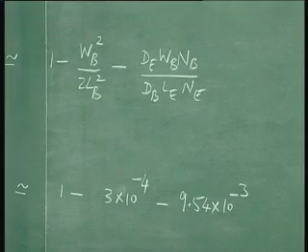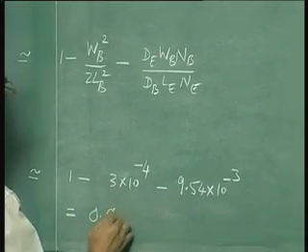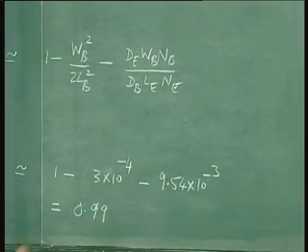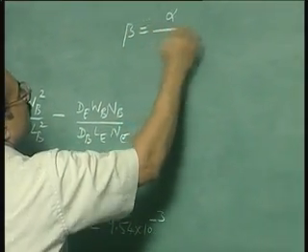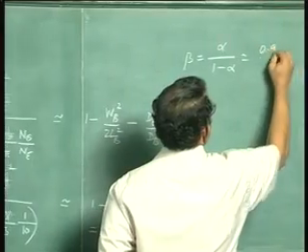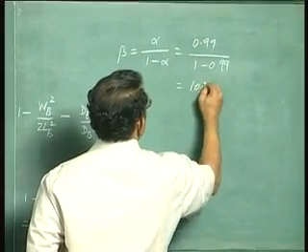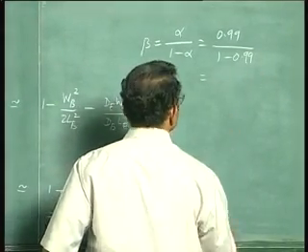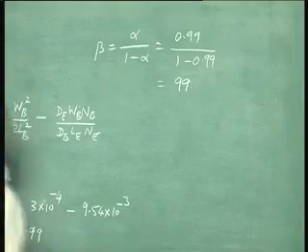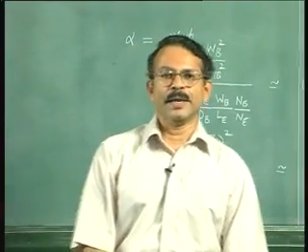So let us write down these values. Alpha is 0.99 and beta is 99.